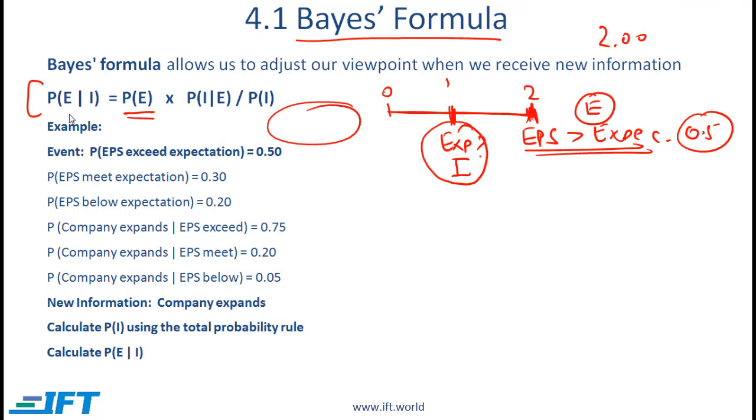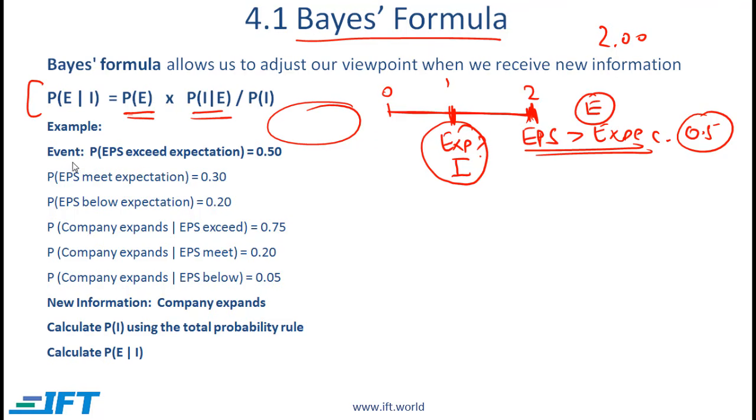The probability of the event given the new information is equal to the original probability of the event times probability of information given event divided by the probability of the information. Many students have trouble over here with the conditional probabilities, but once we work through the numbers, it will become easier, and then you have to find problems on Bayes formula and practice them to really understand this concept well.